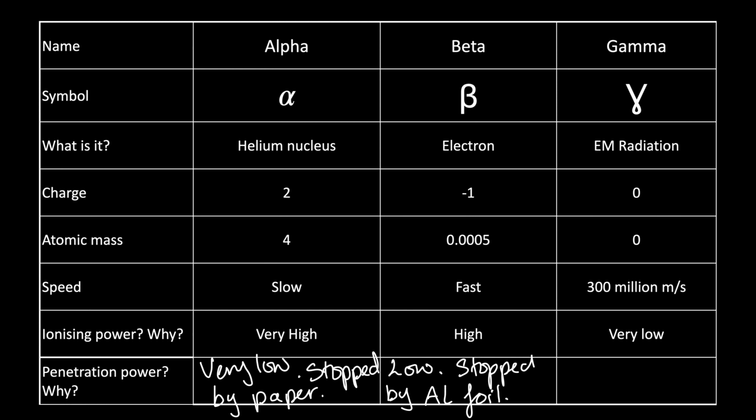And finally, gamma has a very high penetration power and can only be stopped by lead. Or concrete.